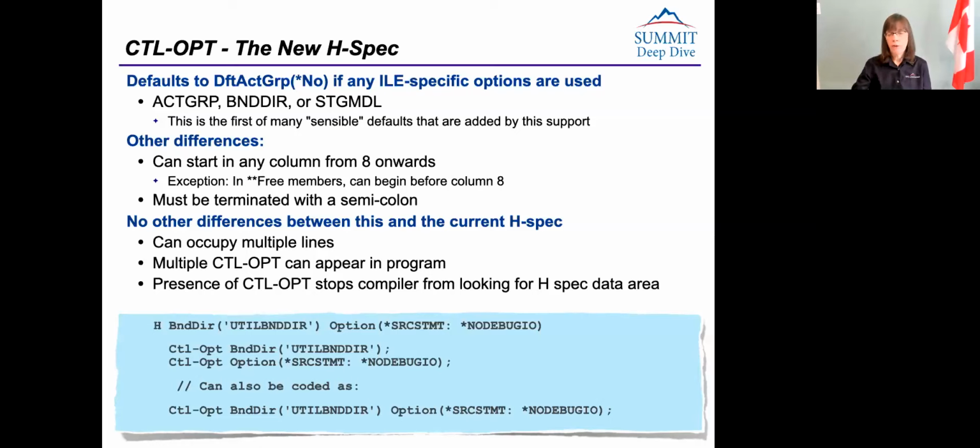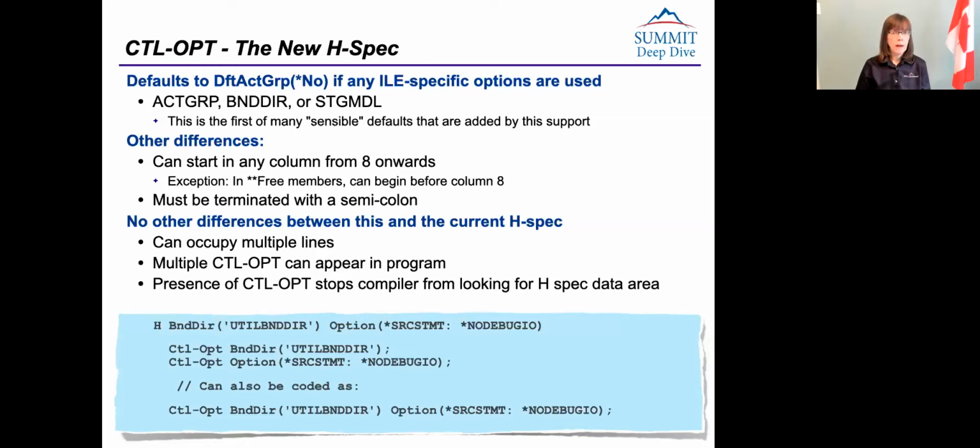So whereas most of our fixed form stuff moved from column oriented things to keyword oriented things, HSpec was already there. So there's very little change there except changing the H to a control opt. That pretty much is what you need to do. There are a few other small differences, enhancements or differences that have occurred.